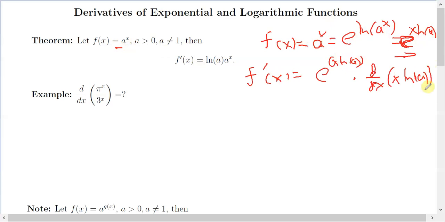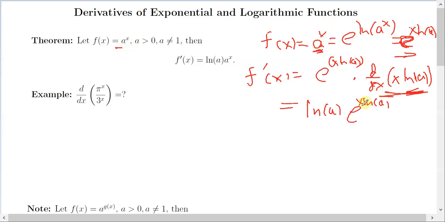But natural log of a is a number. A is going to be a given base for that exponential function, so it's 2 or 1/2 or whatever. And so what I'm taking the derivative of is x times a constant, like 2x, 3x, whatever. So all I get is that constant. So I get natural log of a from that derivative, times e to the x natural log of a.